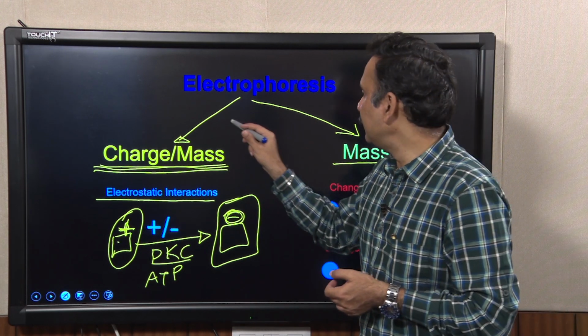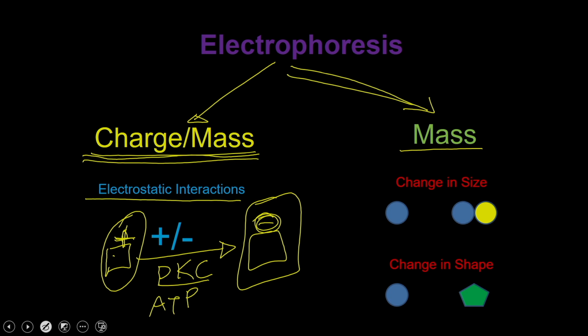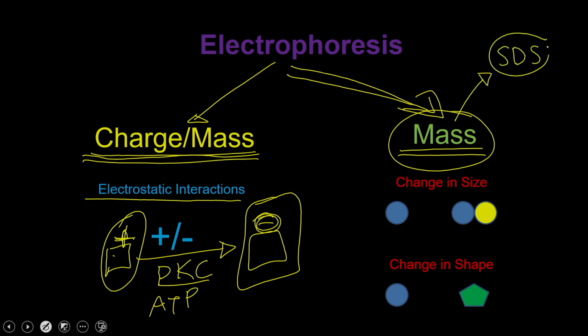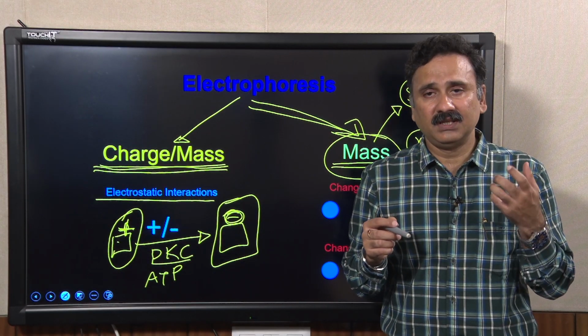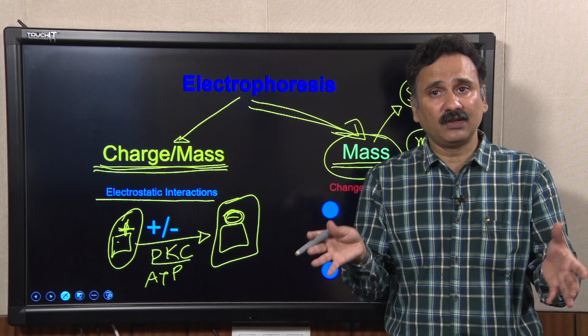Similarly, electrophoresis also considers mass, which means it separates molecules based on mass. For example, when you add SDS into the electrophoresis, the charge gets neutralized and the molecules are separated only based on mass, which tells you the change in the mass or the size of the molecule.